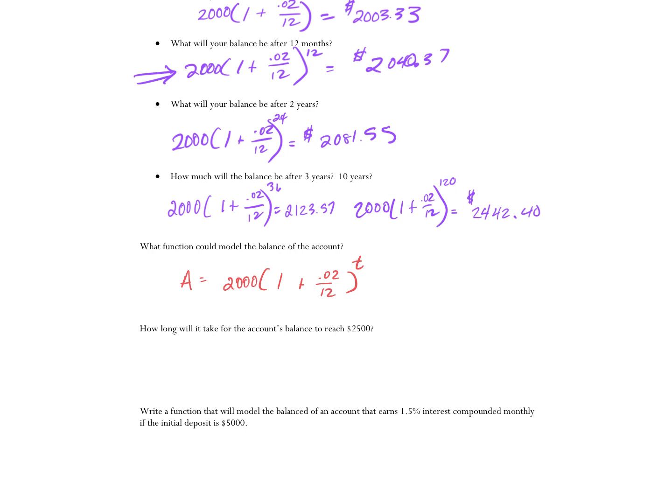All right, how are we feeling on this equation, y'all? Great. All right, and for this one, how long is it going to take for us to reach $2,500? So that would be 2,500 equals 2,000 times 1 plus 0.02 over 12 to the t power.